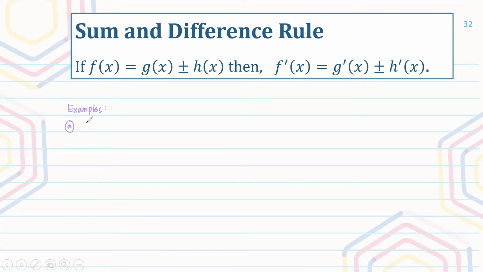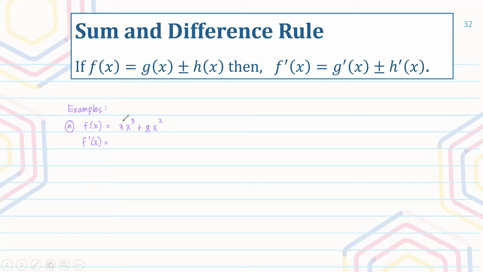I have here f of x is equal to 3x cubed plus 8x squared. So here f prime of x is equal to, okay, differentiate first our first term, which is 3x cubed.